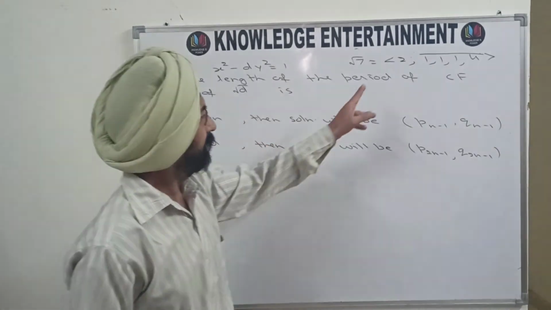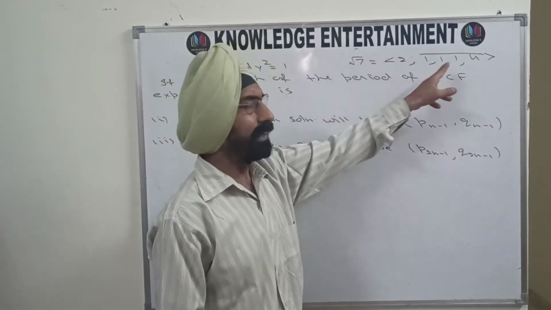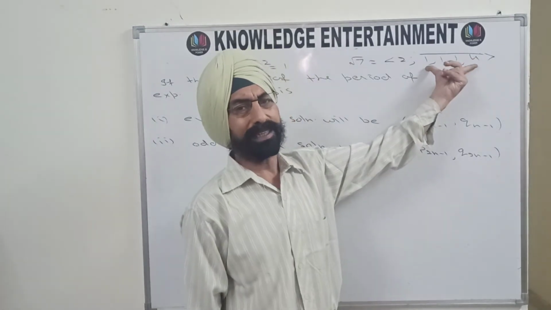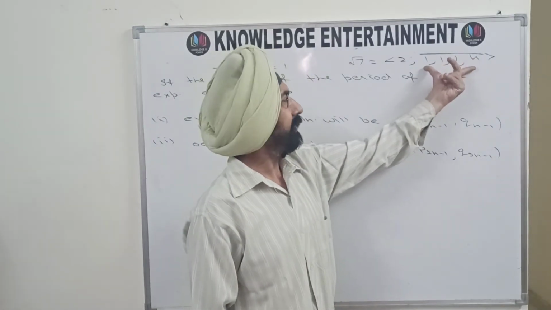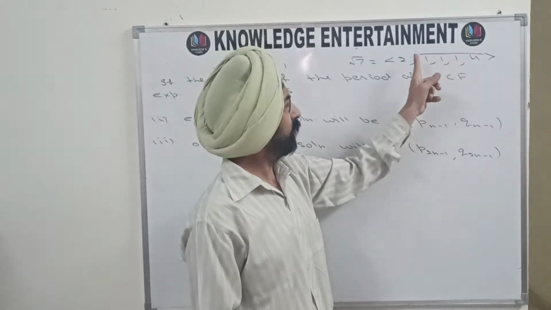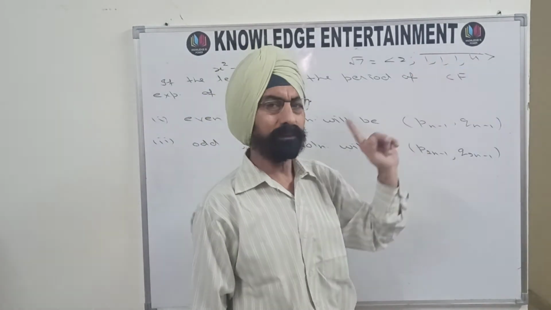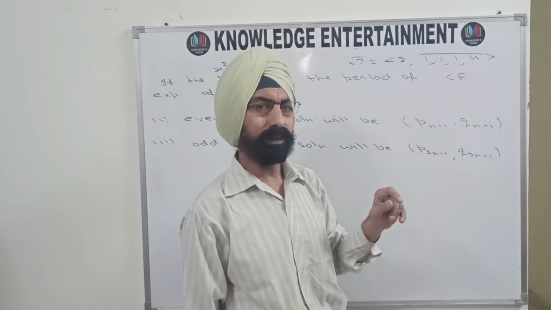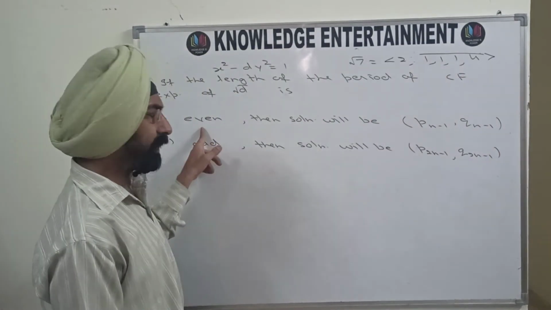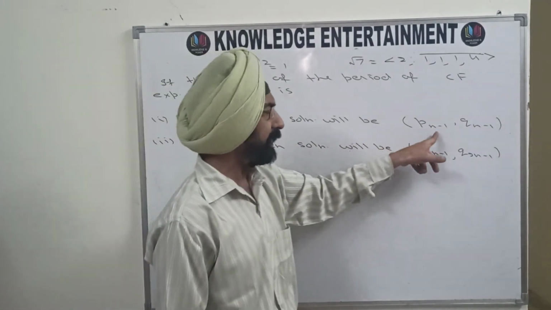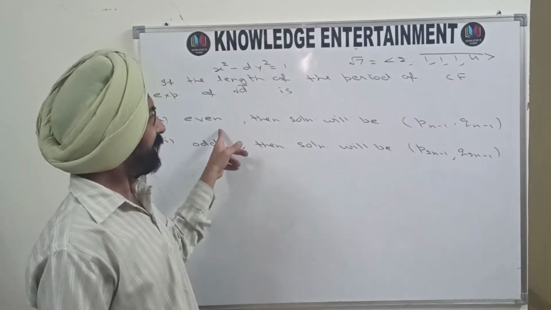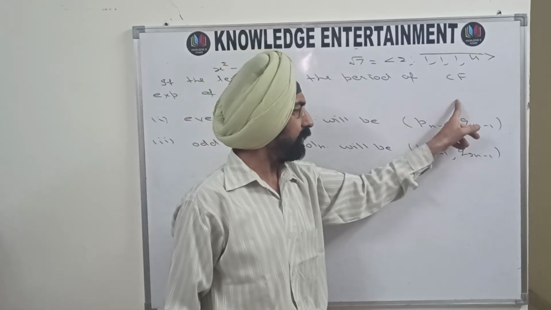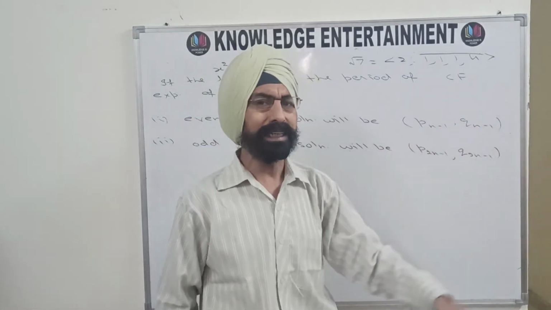If I am correct, then root 7 is equal to this, and this is the portion which is being repeated again and again, and this is the period. So what is the length of the period here? 1 2 3 4. Since the length of the period is 4, even, the solution will be this. And what is the length? n is 4, so the solution will be p(4 minus 1), q(4 minus 1), that means p3, q3.